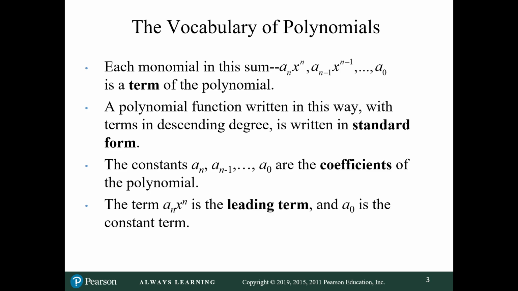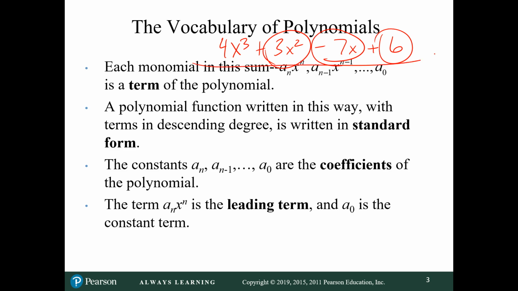Okay, so when we have something like 4x cubed plus 3x squared minus 7x plus 6, this is a term, this is a term, this is a term. They're separate terms, okay? When it's written this way, going from highest power down to lowest power, this is standard form.